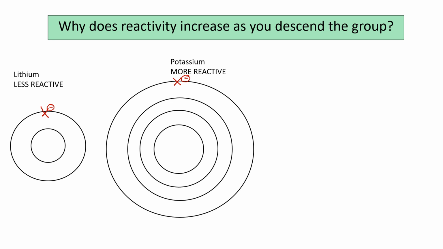So both of these electrons on the outer shell of these atoms stay in orbit or are attracted to the positive nucleus in the center. There is an attractive force that exists between the outer electron and the positive nucleus, and we call that force an electrostatic attraction.